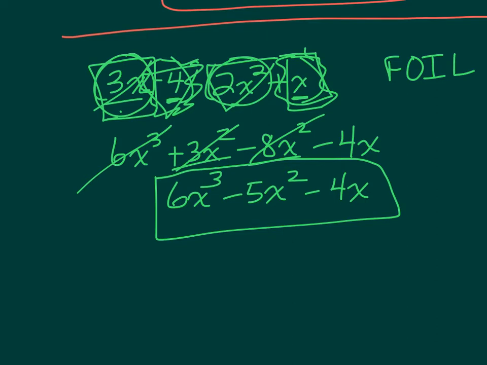So sometimes whenever you multiply two binomials, teachers and students use the acronym FOIL for that. It stands for first, outer, inner, and last. Now, I don't usually think that way.